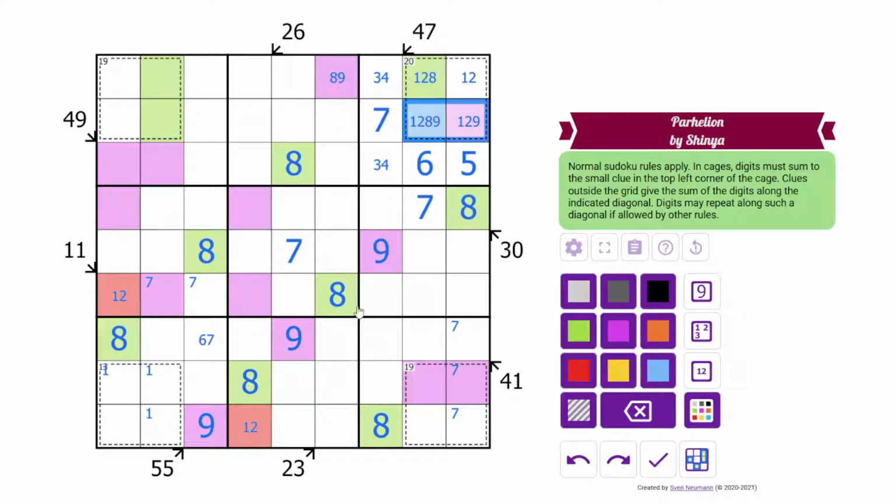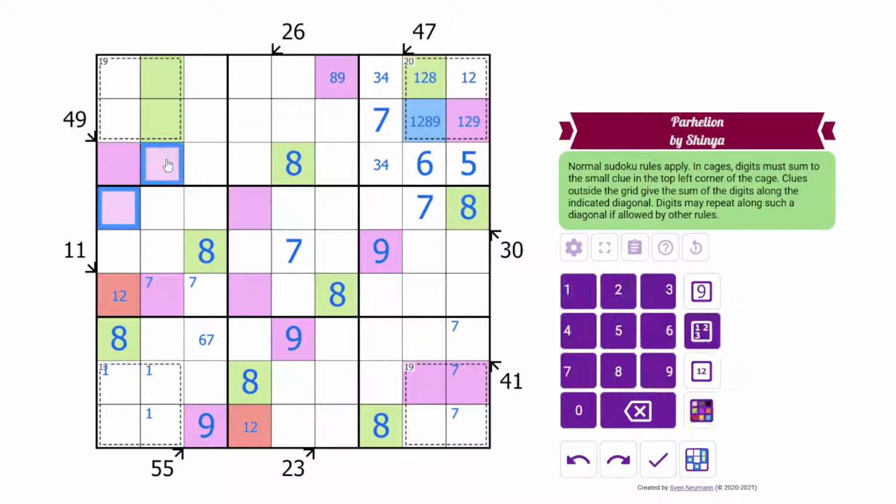Yeah, one of those could be a 9. If I could somehow exclude one of these, because right now this is like an angled duo. So this, or this. Could these both be 9s? 26 minus 9 minus 9.